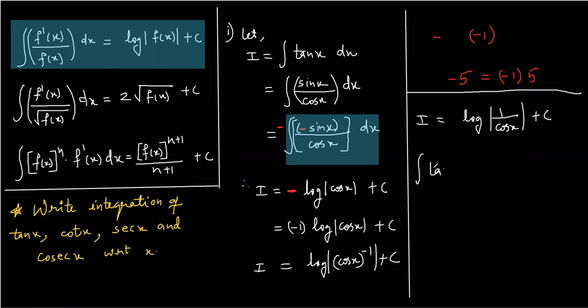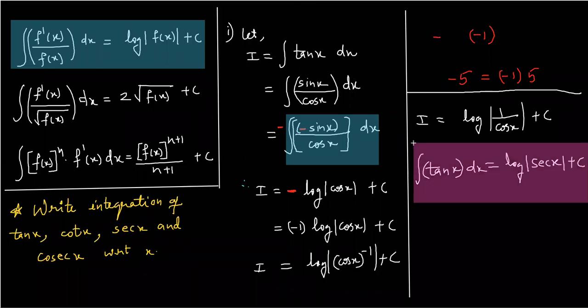So integral tan x dx is equal to log of mod of sec x plus c. So we have got integration of tan x, which is log of mod of sec x plus c. I hope you all have understood this.